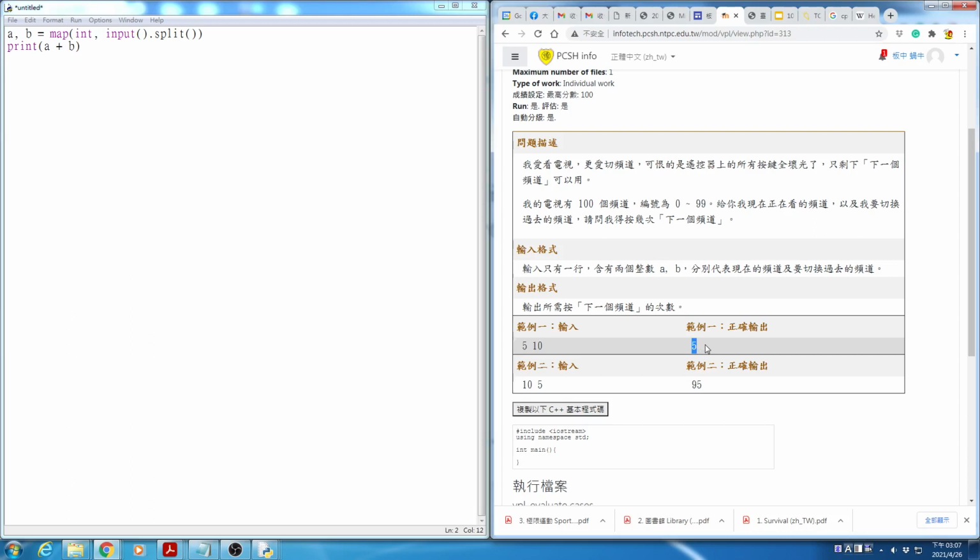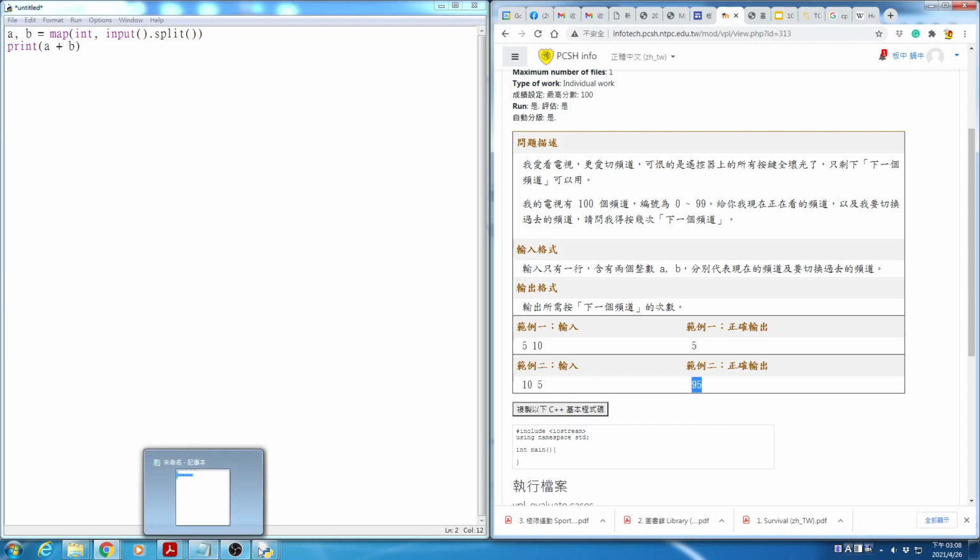So do you want to add 100 at all? If you add it, this will be 105. If you don't add it, then this will be negative 5. So what do we do?